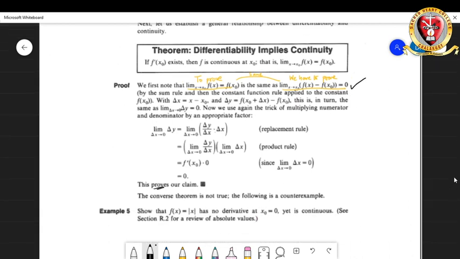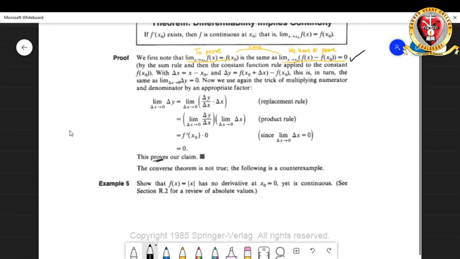And so what we obtained here is: differentiable at a point implies continuous at that point.